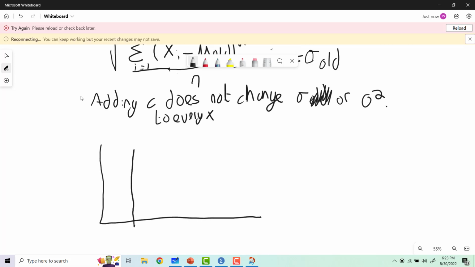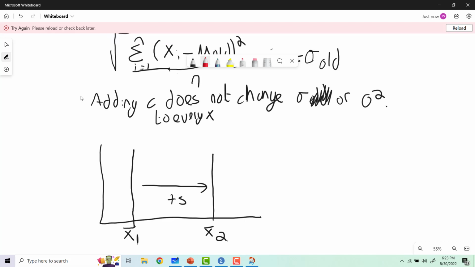If we have a mean here, which is x bar 1, and then we add 3 to all the other red values, and we add 3 to the mean, we're still clustered around the mean in exactly the same way.